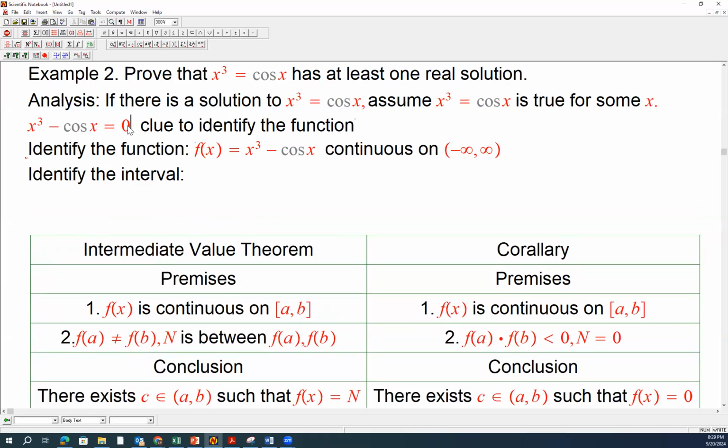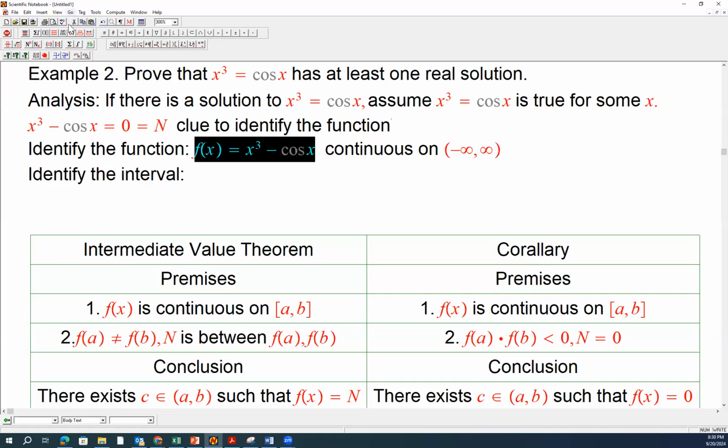We know that this is going to be our capital N. So whether you say I'm quoting the intermediate value theorem or the corollary, it really doesn't matter. But we need to identify the interval. That interval contains 0 because N has to be in between f(a) and f(b), which must contain 0. So we're going to try to figure that out. The easiest thing to do is to say, okay, one is positive, the other one is negative.